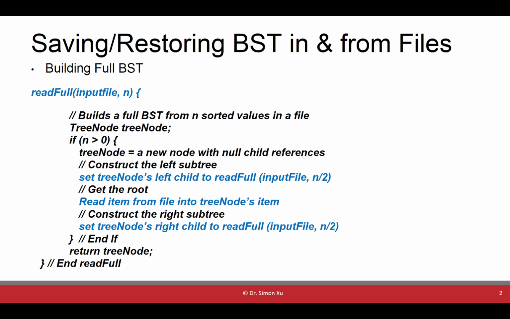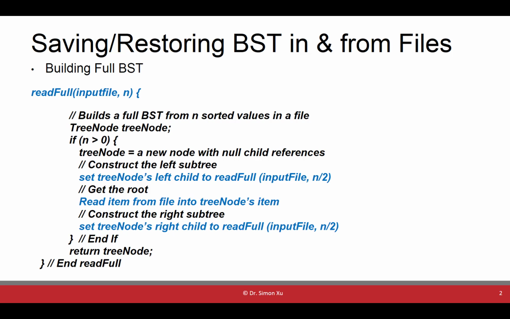The idea is recursive, so we need to create the root node first, but we cannot get the data until we finish building the left subtree for the root node. So we create the root node with no data and then try to build left subtree by recursively calling the method, passing m divided by 2, half number of data, the first half of the items in the file.